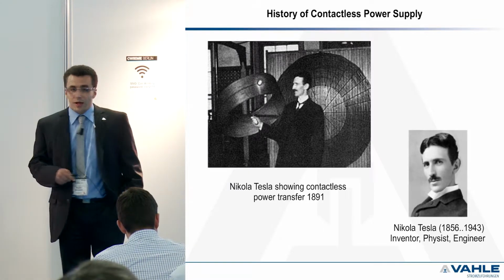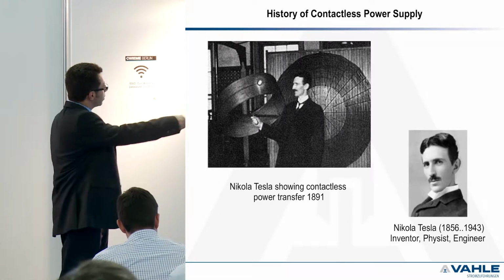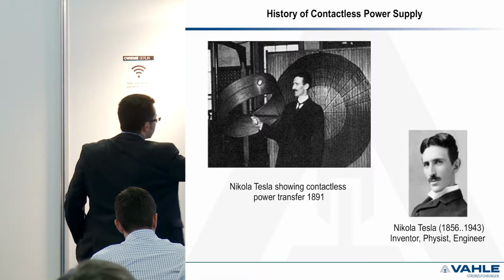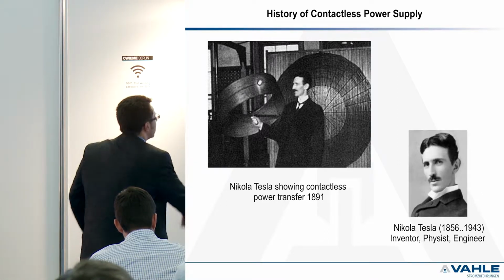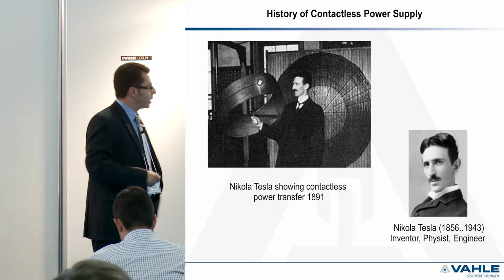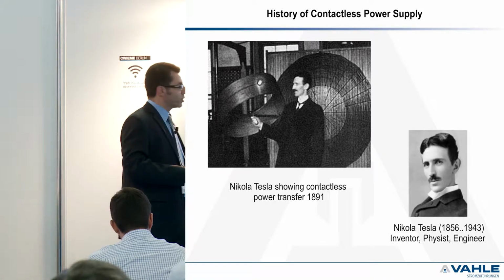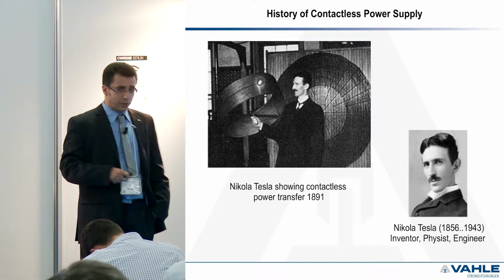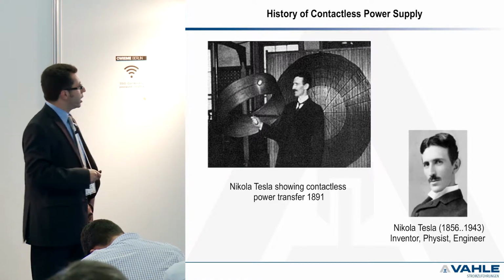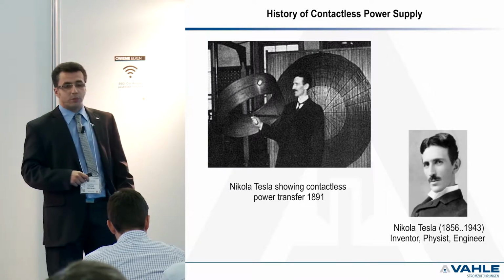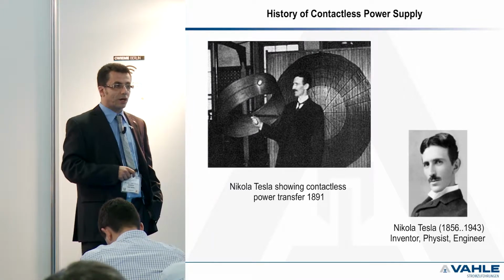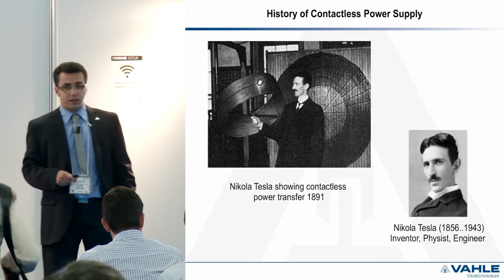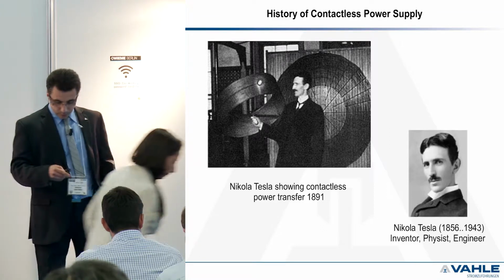You can see the big coils he was using to bring that bulb to light. So we've got quite a big air gap between the primary and secondary coil of the air gap transformer, and it was quite early, in the 19th century.